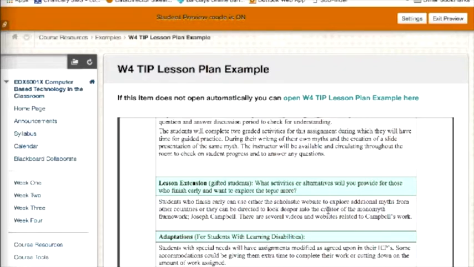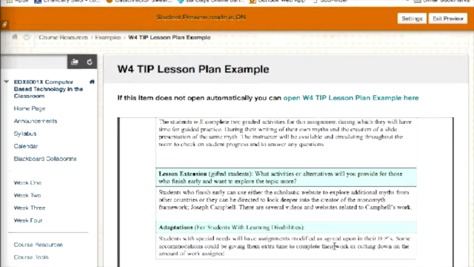So identify how you're going to provide support for those students, as well as adaptations for students with learning disabilities or English language learning challenges, some way that you can modify or adapt. That's just good lesson planning anyway. I'm sure you're used to doing that as you make lesson plans, but I wanted to draw your attention to keep an eye on that with the technology integration.